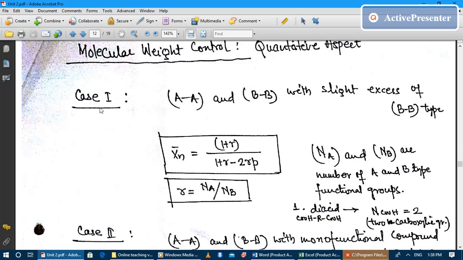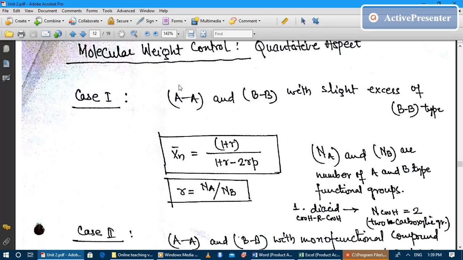We are taking the first case, where AA and BB type monomers are used with a slight excess of BB type monomer. So what is this case? AA means a difunctional or bifunctional monomer that is going to react with another bifunctional monomer BB, with a slight excess of the BB type bifunctional monomer.